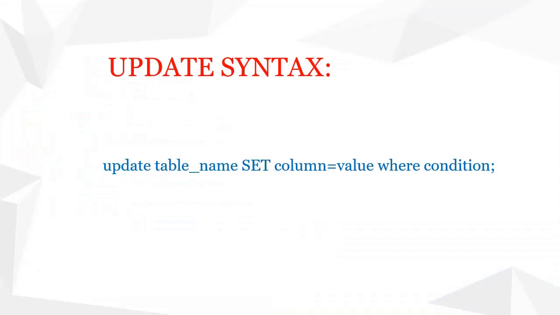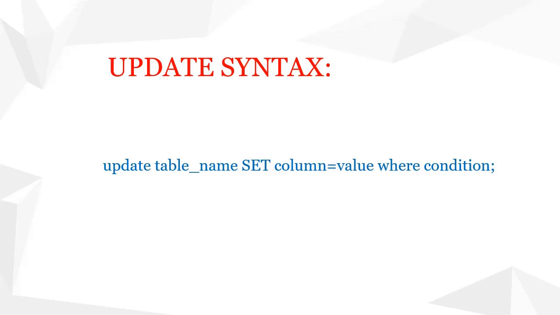Now let us get into the update command. The use of the update command is that we can add values to a particular column, or we can change the values of a particular column which are pre-added, okay?